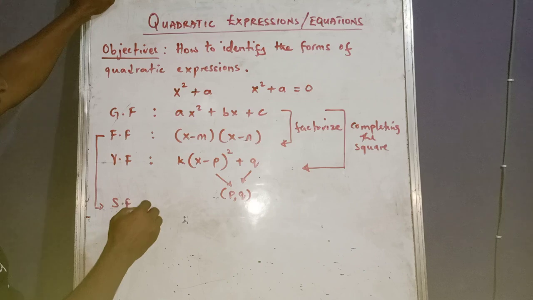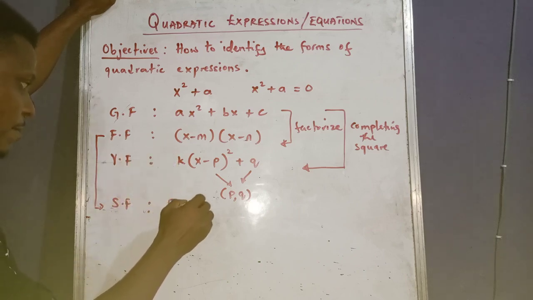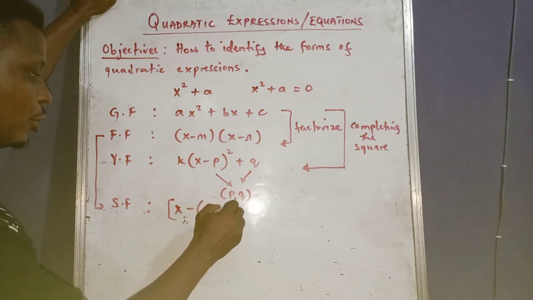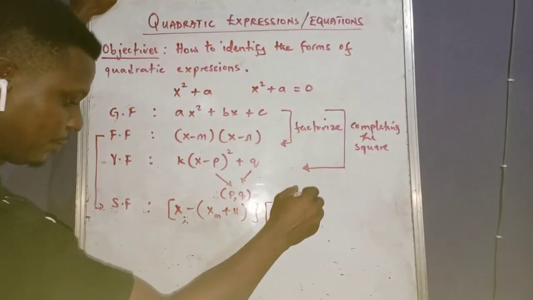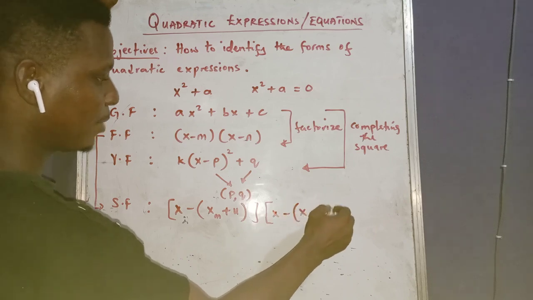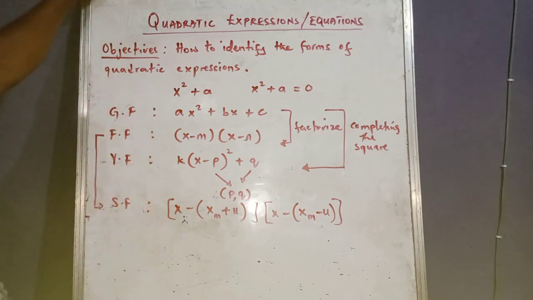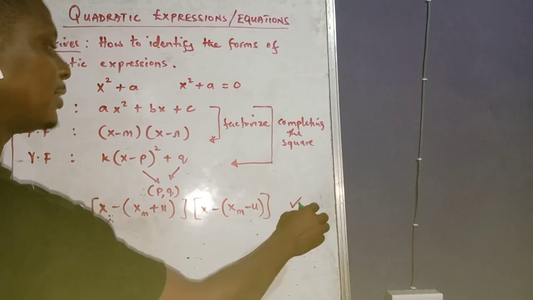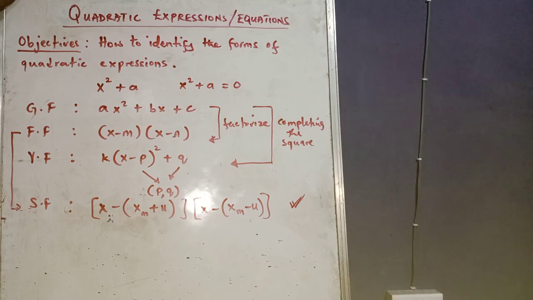It is going to be like x minus (xm plus u) times x minus (xm minus u). So this is the symmetric form. This form is very, very important because it is very new and it helps us solve quadratic equations very easily.